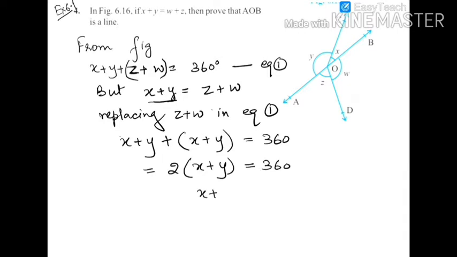So X plus Y is equal to 360 divided by 2, that is 180. X plus Y is 180. So this implies that AOB is a straight line as X and Y form a linear pair.